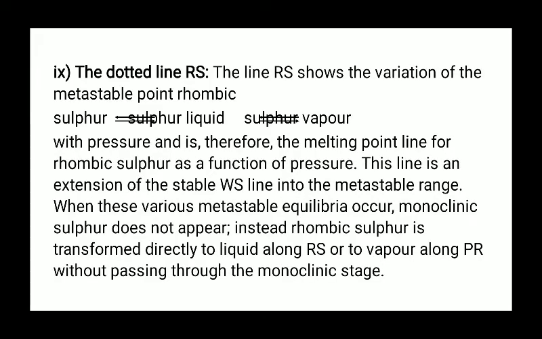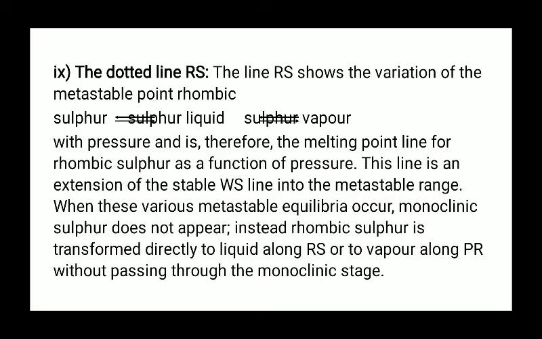The dotted line RS shows the variation of the metastable point with pressure and is therefore the melting point line for rhombic sulfur as a function of pressure. This line is an extension of the stable WS line into the metastable range.